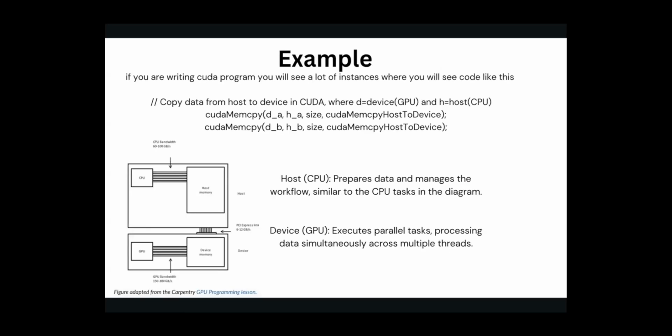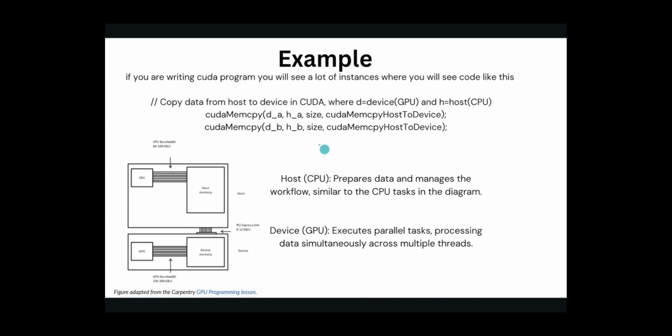Moving forward, when we talk about host and device again, if you are doing some CUDA program, you see a lot of instances where you write code like cudaMemcpy host to device, where device is again the GPU and host is the CPU. So these all are inside the CUDA program where you do the memory copying from host to device.